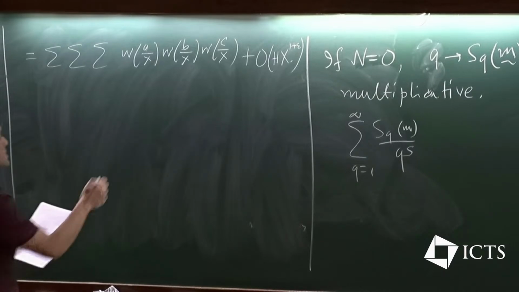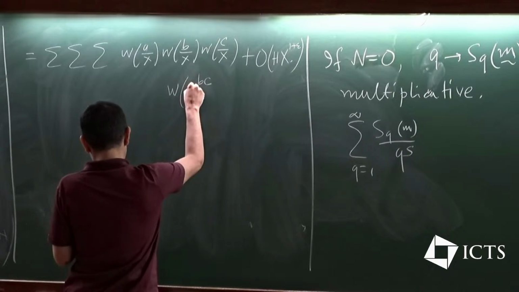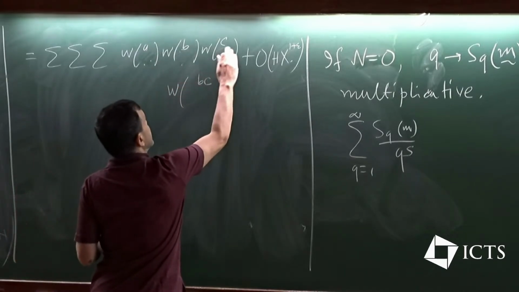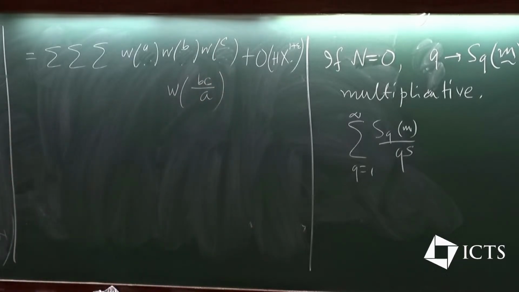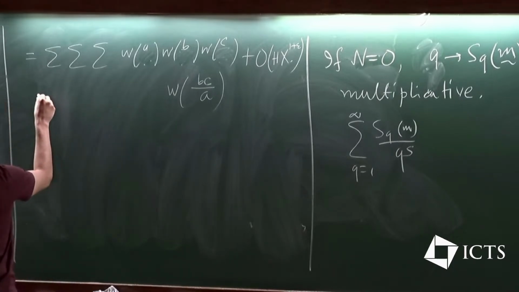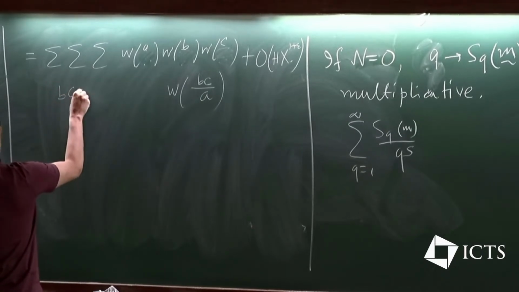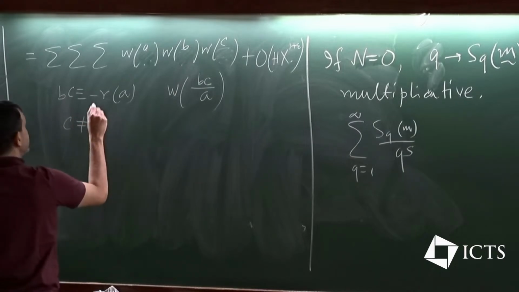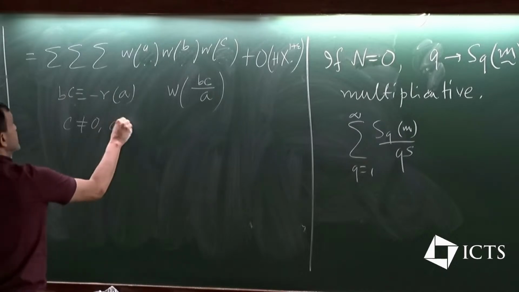I have to put a w of BC by, sorry, there is no x. Because w I have chosen like this, yes. And the same congruence condition: BC congruent to minus R mod A, and here C not equal to 0. And here B and C are integers, A is positive.